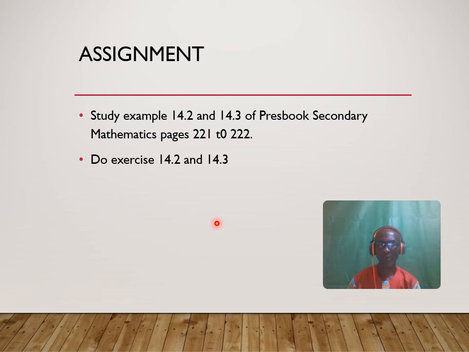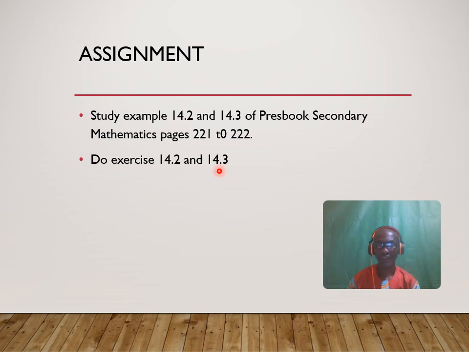So as assignment, you go to exercise example 14.2 and 14.3 of Pressbook Secondary Mathematics, pages 221 and 222. After you have looked at those exercises, you do exercise 14.2 and 14.3.